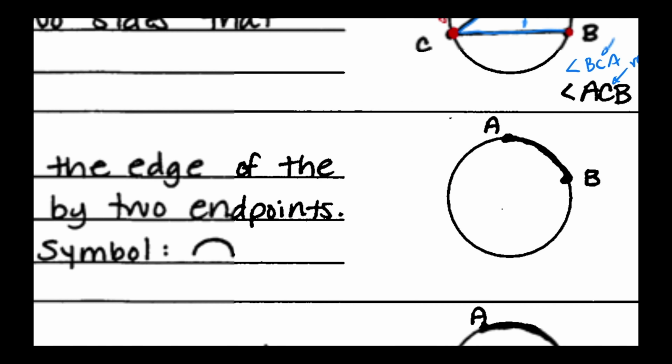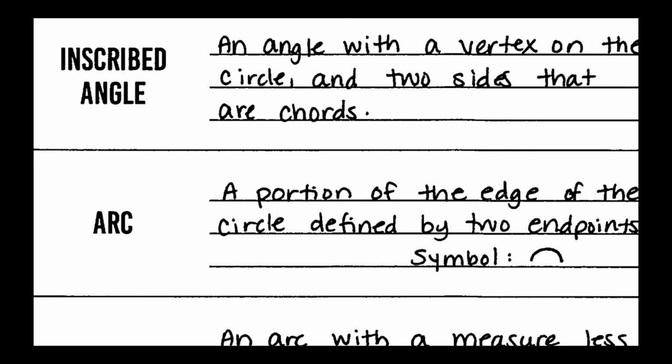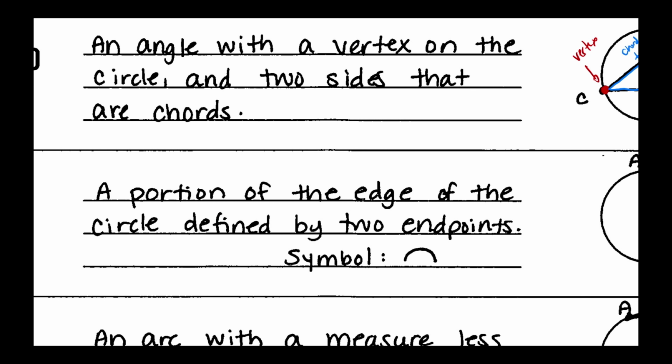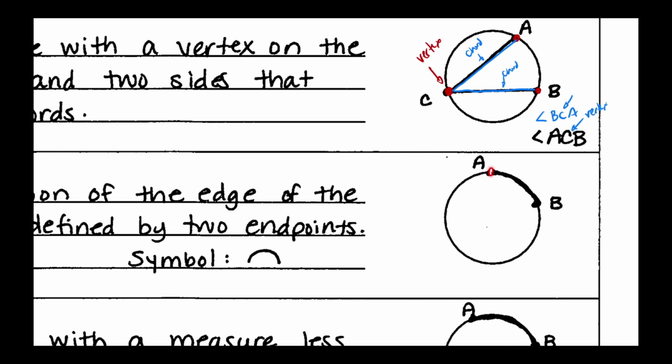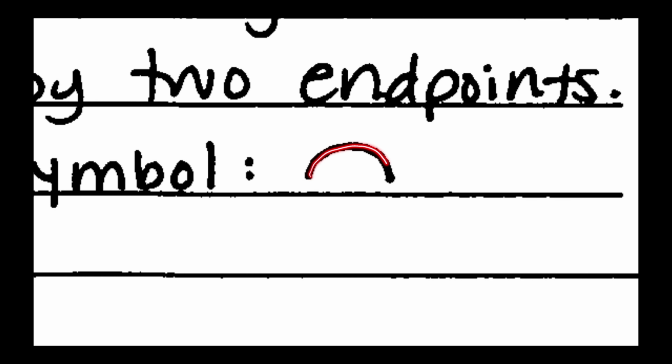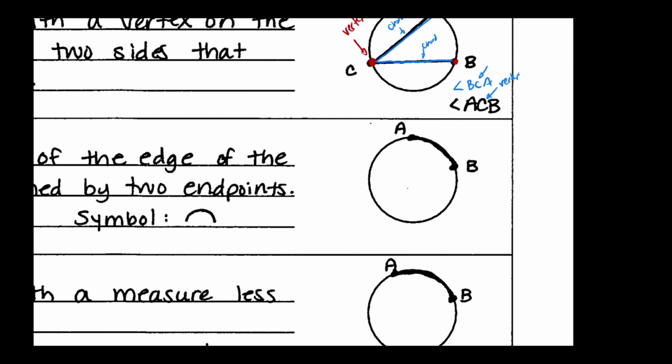So good. All right. Anyway, this piece of crust, a piece or a chunk of the actual circle, is called an arc. It's a portion of the edge of the circle defined by two endpoints. So we get two endpoints, and then the arc between them, the round part between them, is called the arc, and we use this round symbol over the two endpoints.